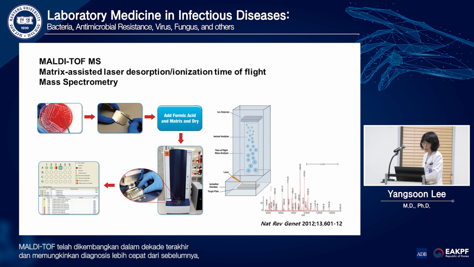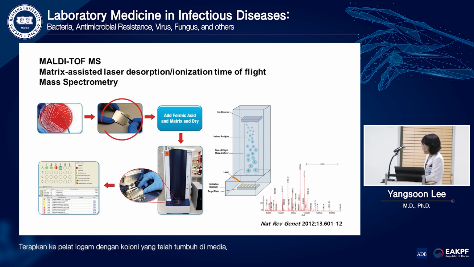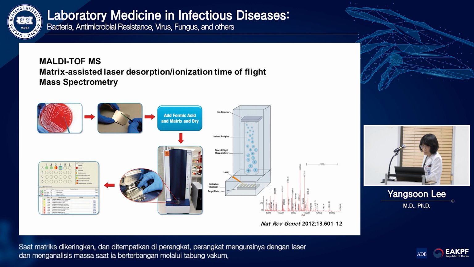MALDI-TOF MS has been developed in the last decade and allowed for faster diagnosis than before. Applying the colony that has grown on the medium onto a metal plate, when a matrix is dropped on it and placed in the device, a laser disassembles it and the fragments are analyzed as they fly through the vacuum tube.